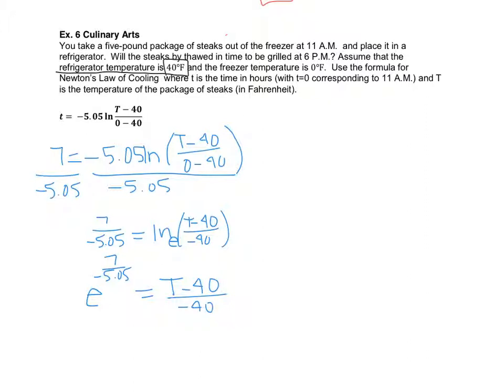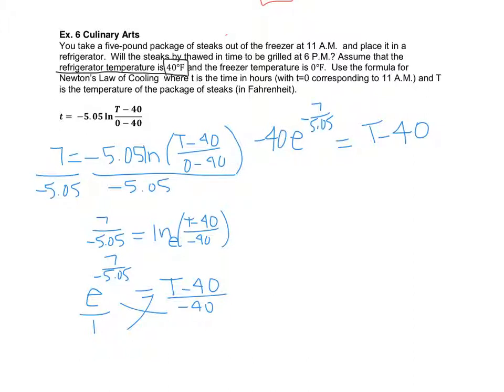And now think about how you would solve for T. I'm going to put this under 1. It's like you cross multiply and divide. So e to the negative 7 over 5.05 times negative 40. I'm going to write negative 40 in front. Equals T minus 40 times 1, which is just T minus 40.